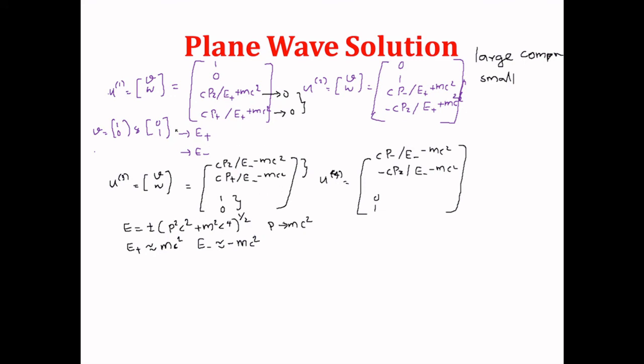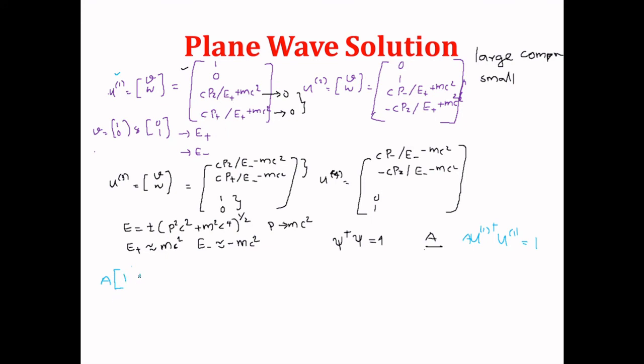Now we can normalize these solutions U1, U2, U3 and U4, because the normalization condition is psi dagger into psi equal to 1. If you take A as the normalization constant, then you can write U1 dagger into U1 should be equal to 1. Then you can write A into, take the transpose of this matrix, and also take the complex conjugate.